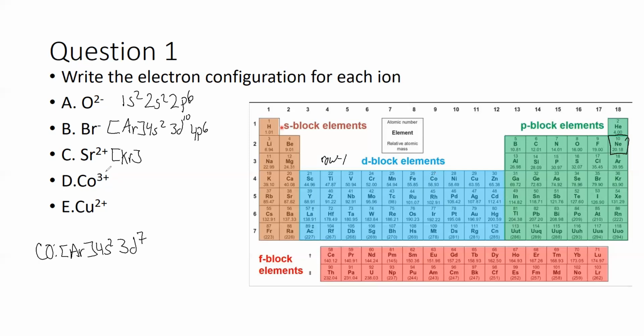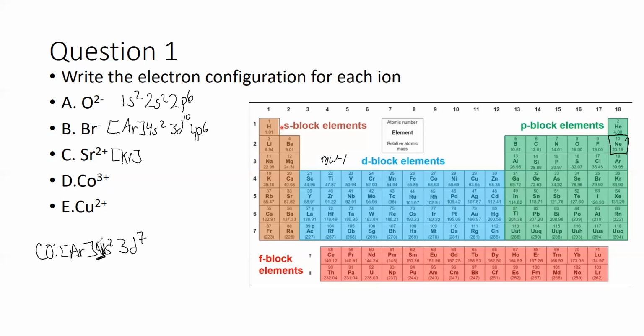Now I'm losing 3 electrons, right? And when you lose electrons, you lose them from your valence shell first. And here, for cobalt, our valence shell is the 4th energy level. So we're going to lose 2 electrons from our highest energy level first.